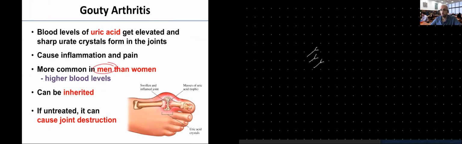Gouty arthritis is due to high levels of uric acid. And uric acid is resulting from the metabolism of the nucleic acids, DNA and RNA. Did you eat DNA and RNA before? What do you think?